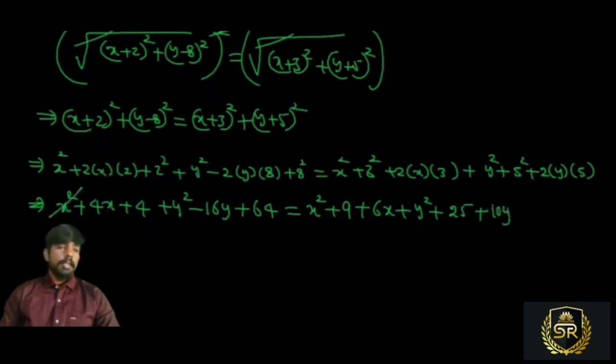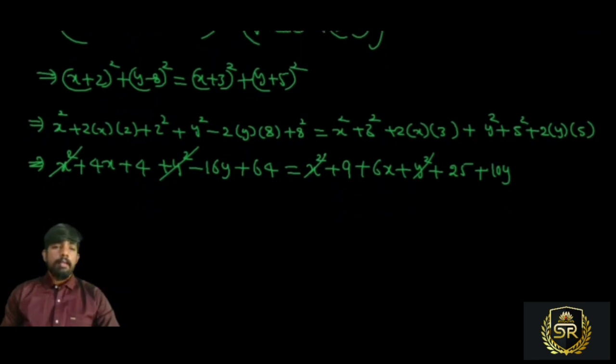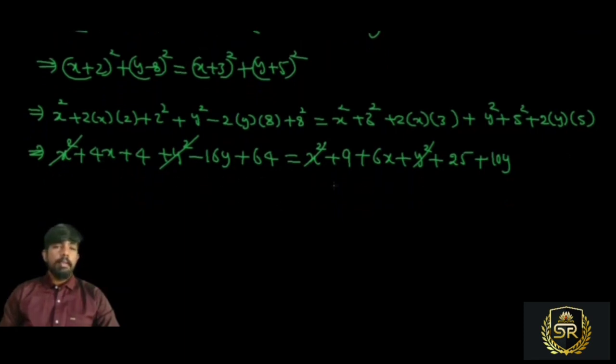So x square gets cancelled, and y square is also cancelled. Remaining terms we have 4x and 6x, and here minus 16y and plus 10y. What I am doing here, 4x, send it to the right hand side, it will become 6x minus 4x.